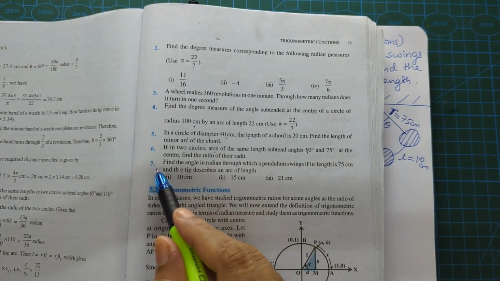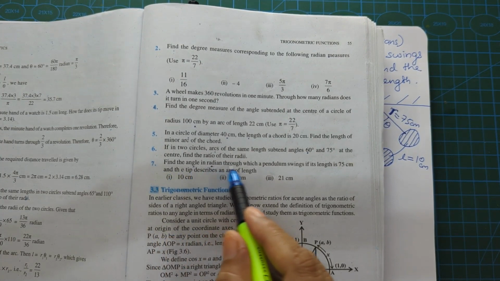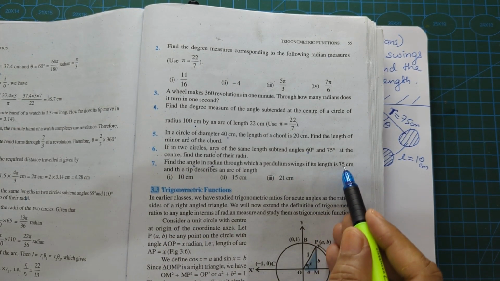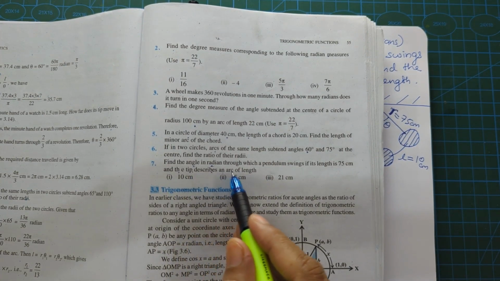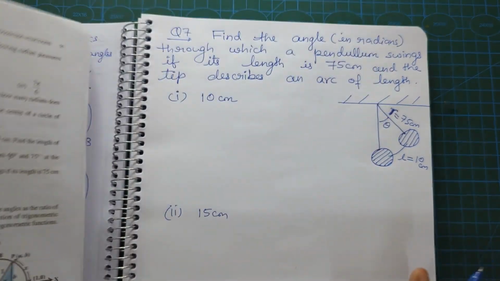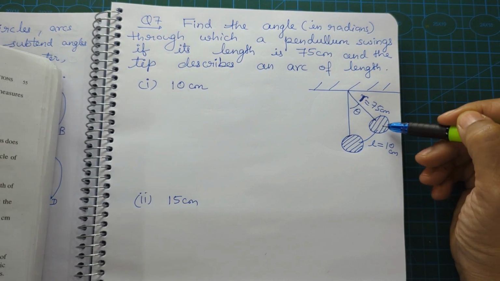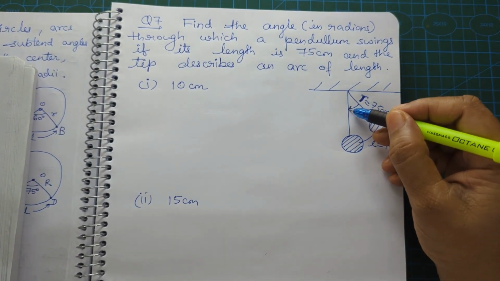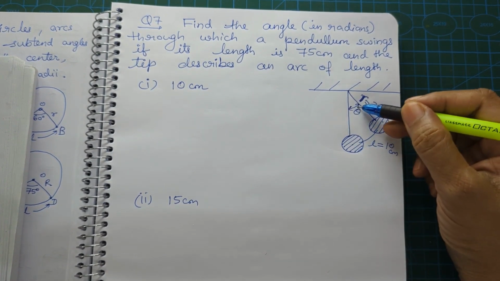The last question of exercise 3.1, the question says find the angle in radians through which a pendulum swings if its length is 75 centimeter and the tip describes an arc length of 10 centimeter, 15 centimeter and 21 centimeter. These are arc lengths. So related to this, I have drawn the diagram. So this is that pendulum that is taken to the extreme position, and during that time the angle between mean position and extreme position is theta.